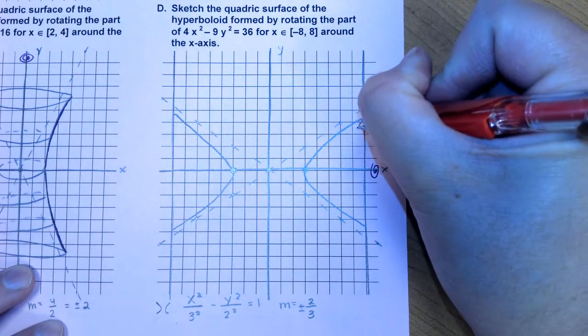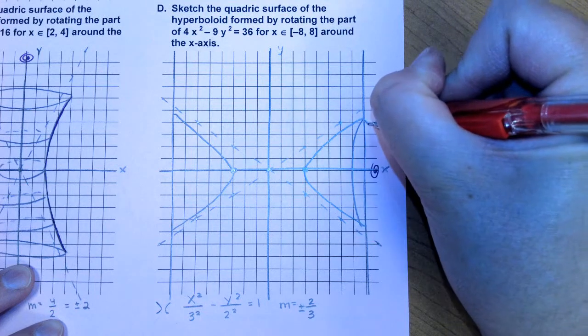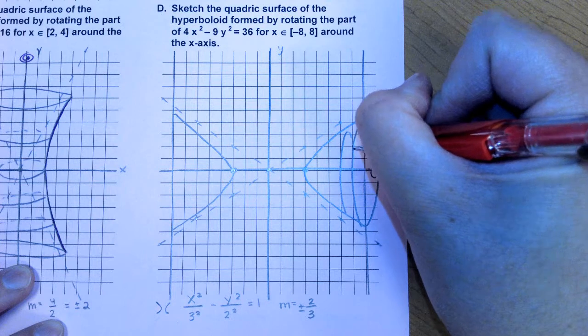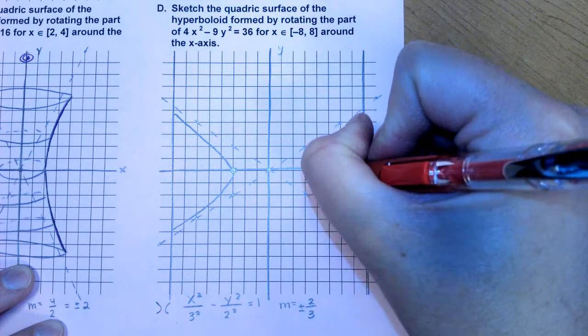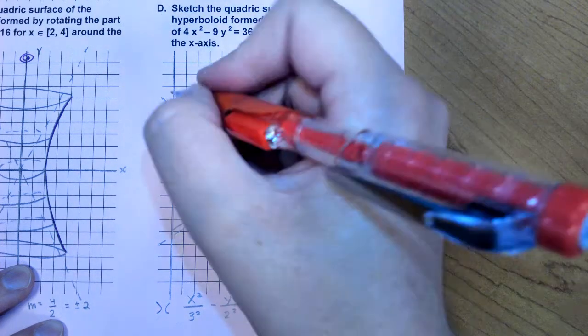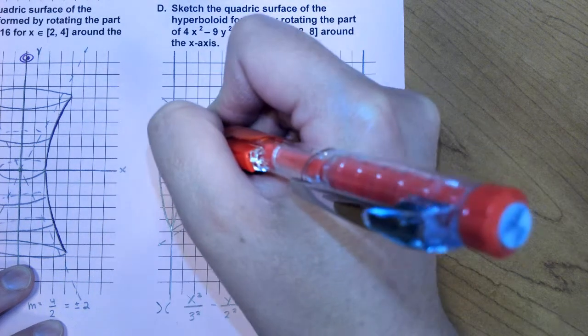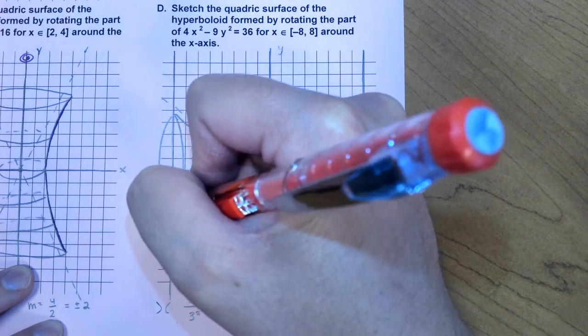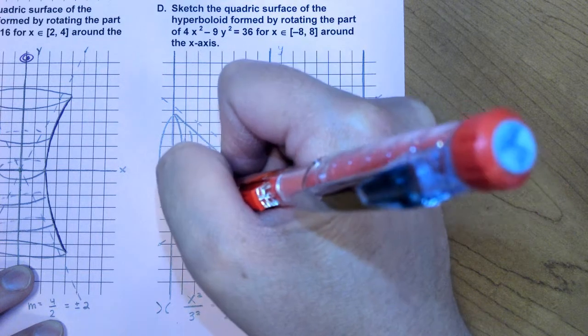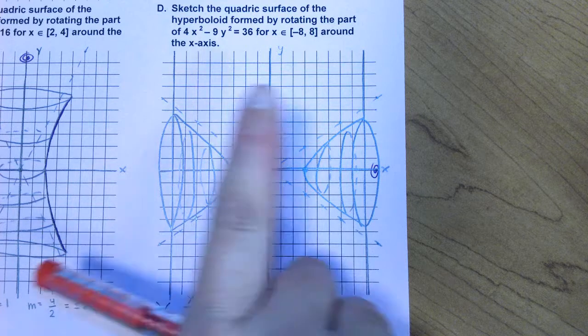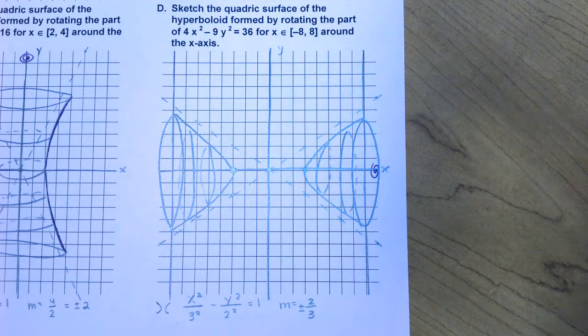So what happens is we get a shape that looks like this. And then another shape over here, it's going to look like that. And that is our hyperboloid rotated around the x-axis.